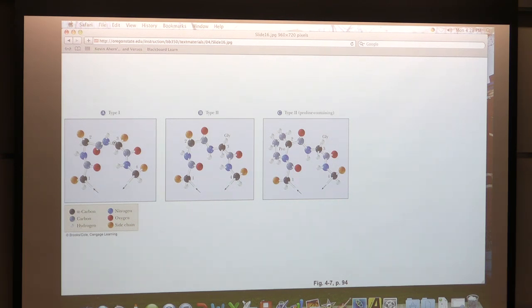It's not uncommon for proline to be involved in turns. Does that mean that just because we have a proline, we have a turn? No, it does not. But it's not uncommon for proline to be involved in turns. Well, what will determine that? The amino acids around it will play a role in that process.